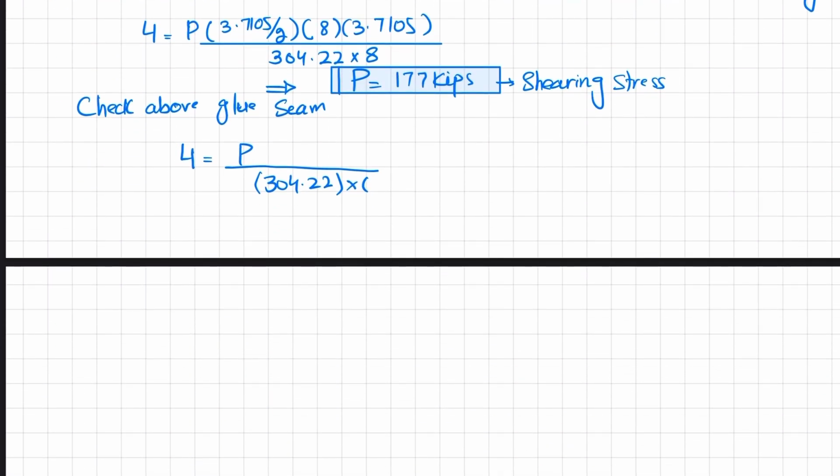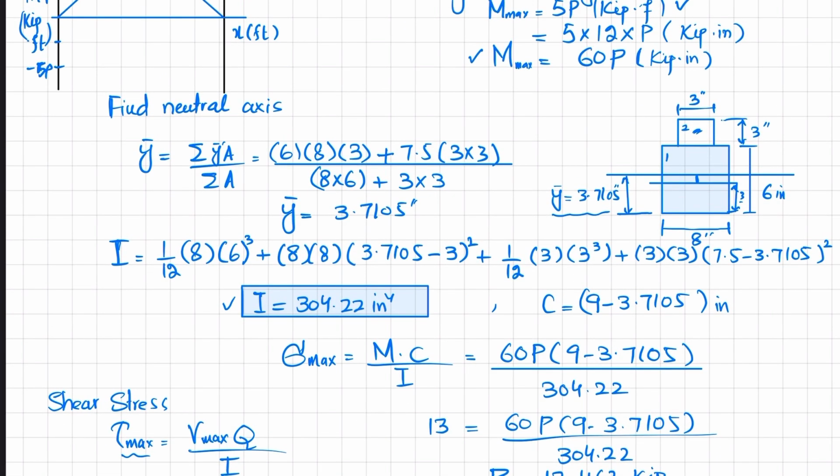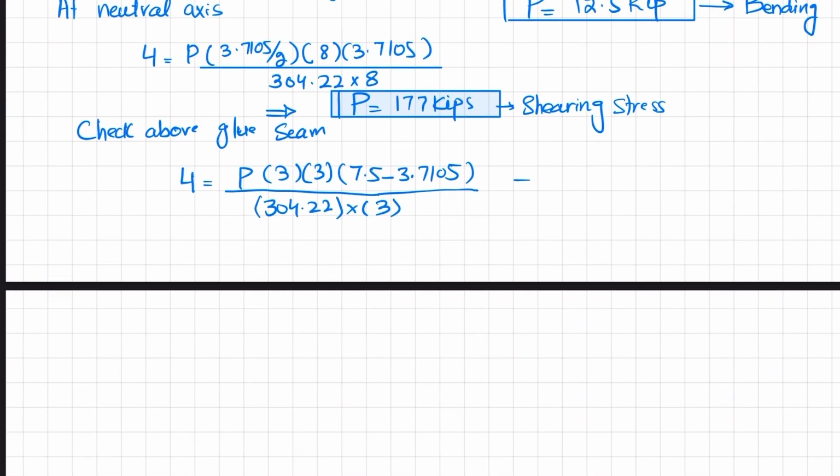So we will put area 3 by 3, and distance of centroid from the neutral axis of this blue seam is 3.7105, and thickness is 3. You can check this thickness is 3 of this seam. So when you solve this, you will get P is equal to 107 kips.